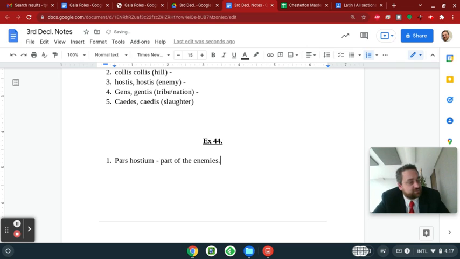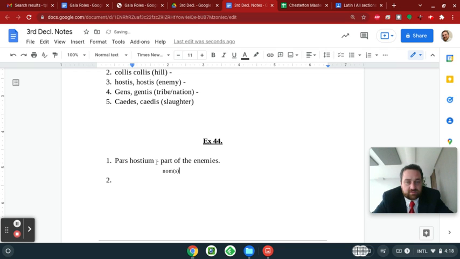Okay. And so the directions here say, tell what forms the nouns are, and then translate. So pars was in the nominative. Okay, so what I'd like you to do is perhaps just under the word, maybe a little smaller, you can just do nom.